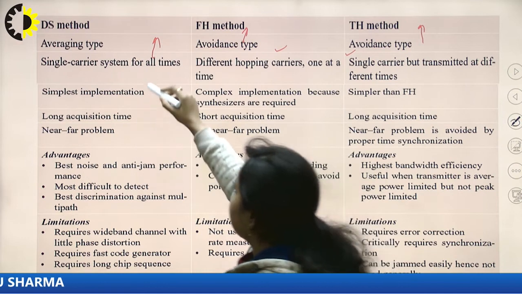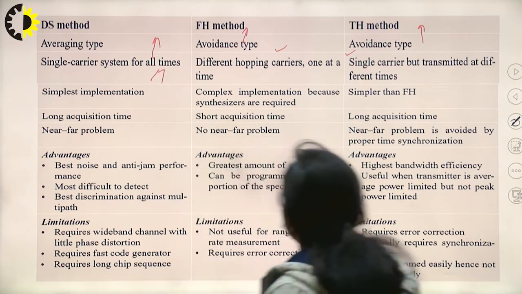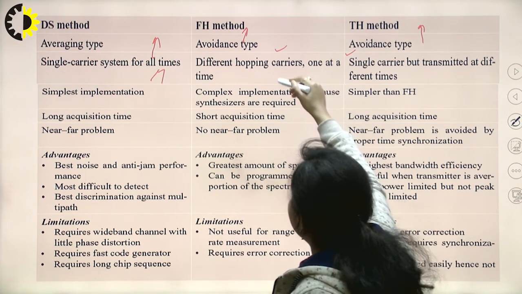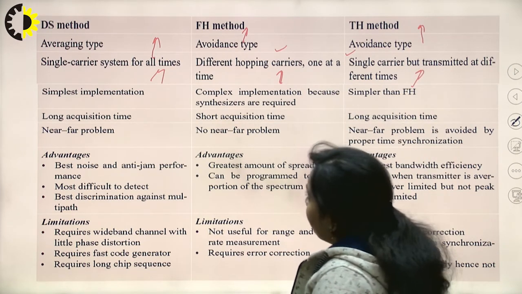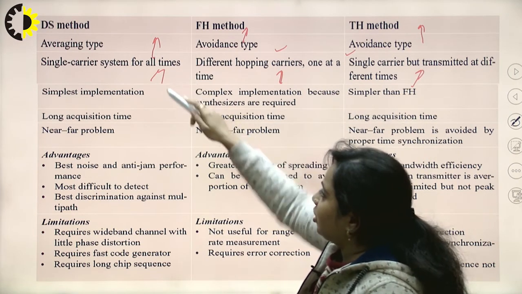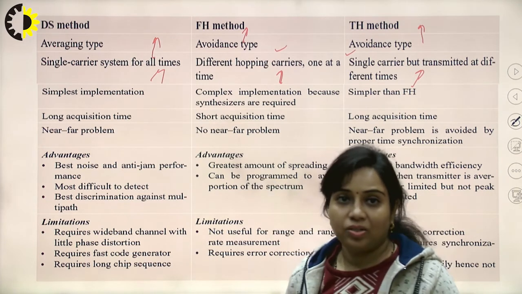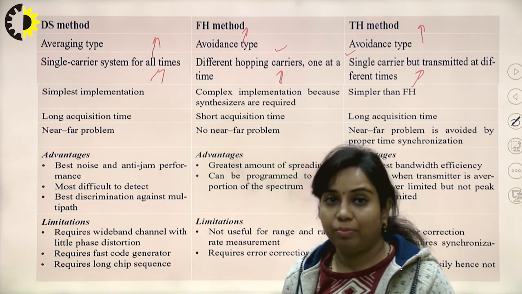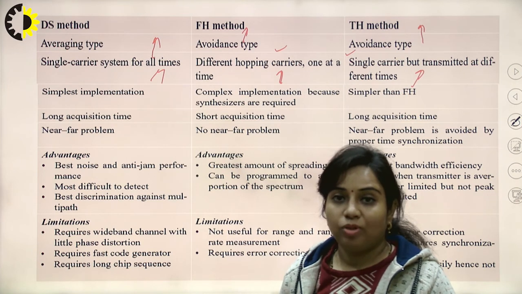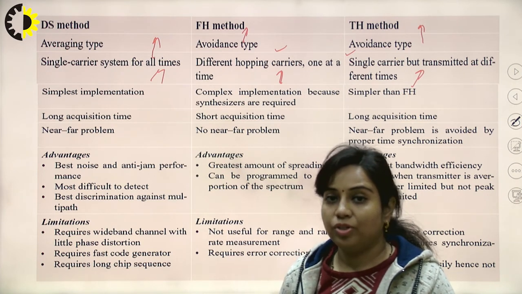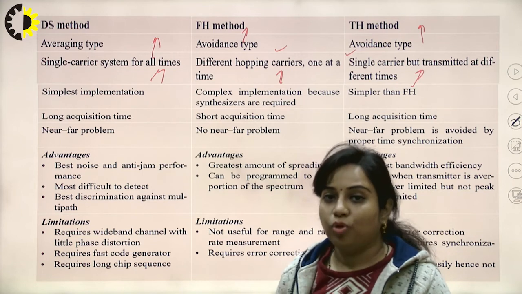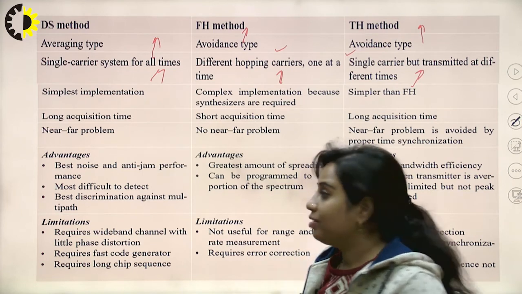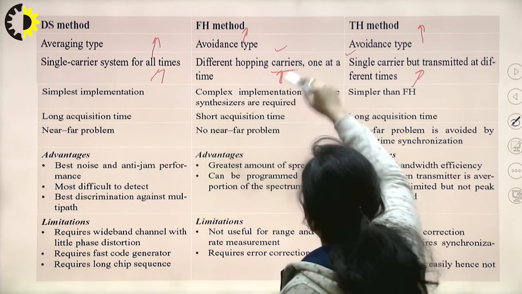Now this is a single carrier system for all the times. There are different hopping carriers one at a time, and a single carrier system but transmitted at different times. So basically in direct sequence, a single carrier signal is required. There is no requirement of multiple carriers. But when we are talking about frequency hopping, because the original signal will hop from one frequency to another frequency, to modulate it we require different carrier signals.